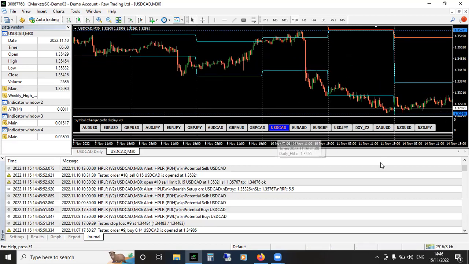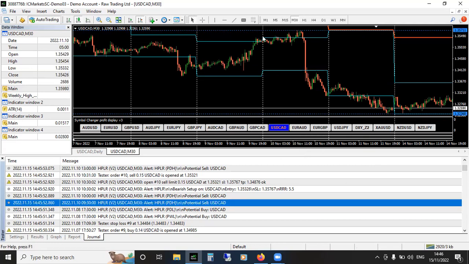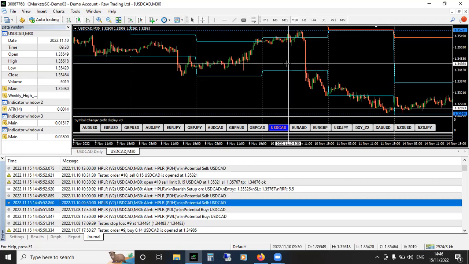Then on the 10th, 9:30, at the close of this candle, it sends us an alert that a weekly high has been created, so there's a potential sell setup on USD CAD.